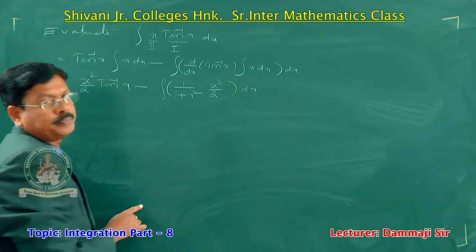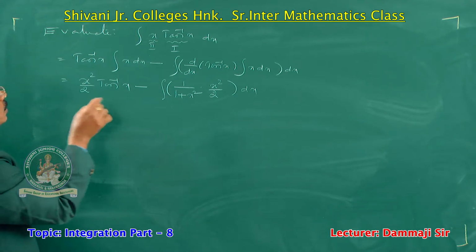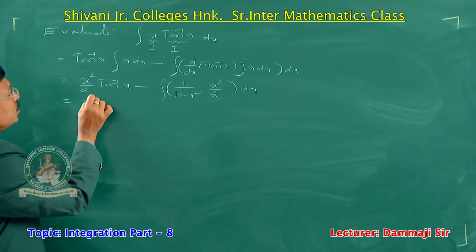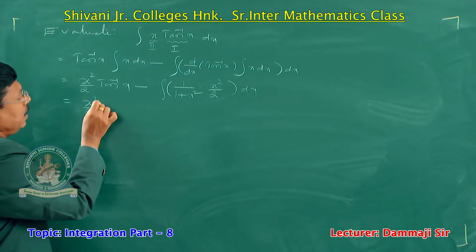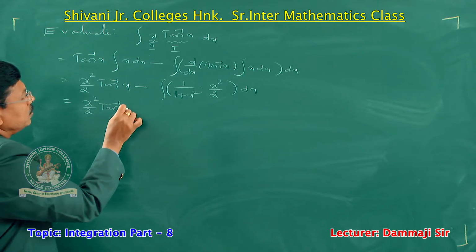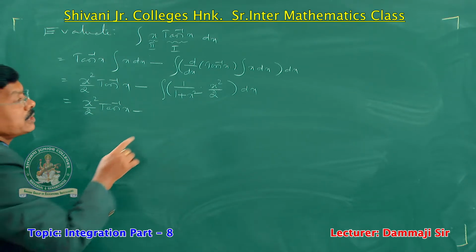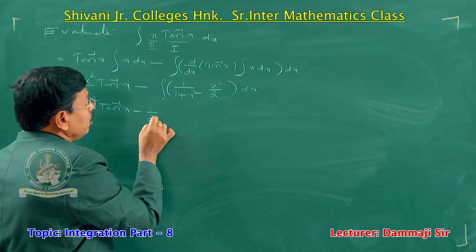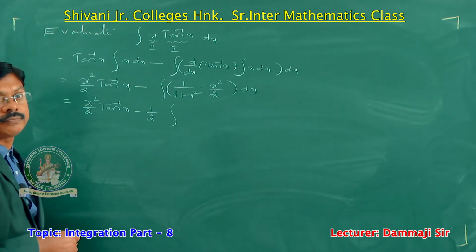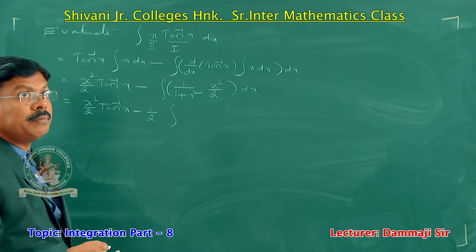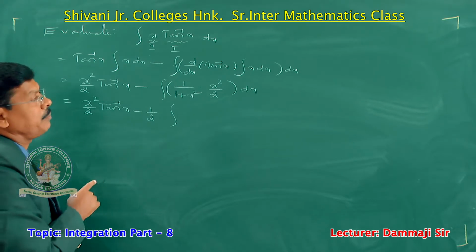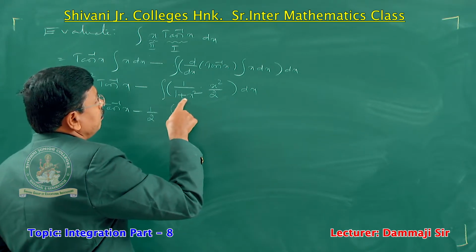Again, the first one we should not disturb; just keep it as x square by 2 tan inverse x. What about the second one? You already know from the previous class: x square by 1 plus x square.